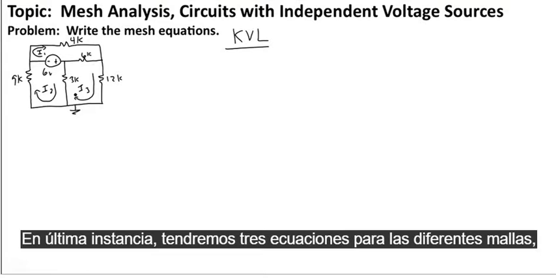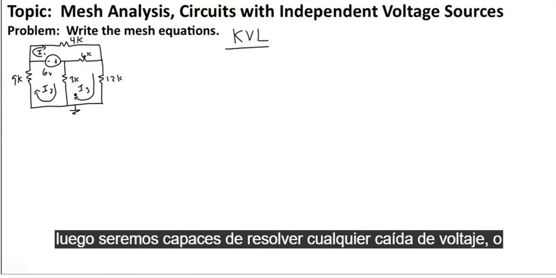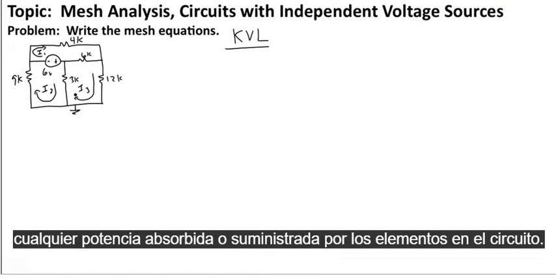Ultimately, we'll have 3 equations and 3 unknowns, I1, I2, and I3. We could solve for I1, I2, and I3, and then we would be able to solve for any voltage drops or any powers absorbed or supplied by the elements in the circuit.